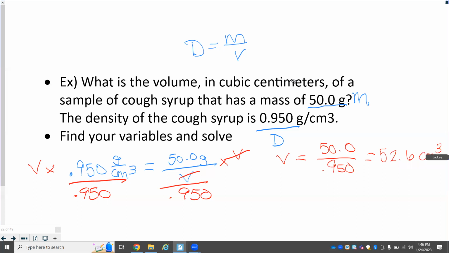Always make sure to include your units. That will kind of help you out, and especially whenever we get to some of our later units that we deal with. Later this week, we'll deal with rounding and things like that. So don't worry about rounding at this point in time.